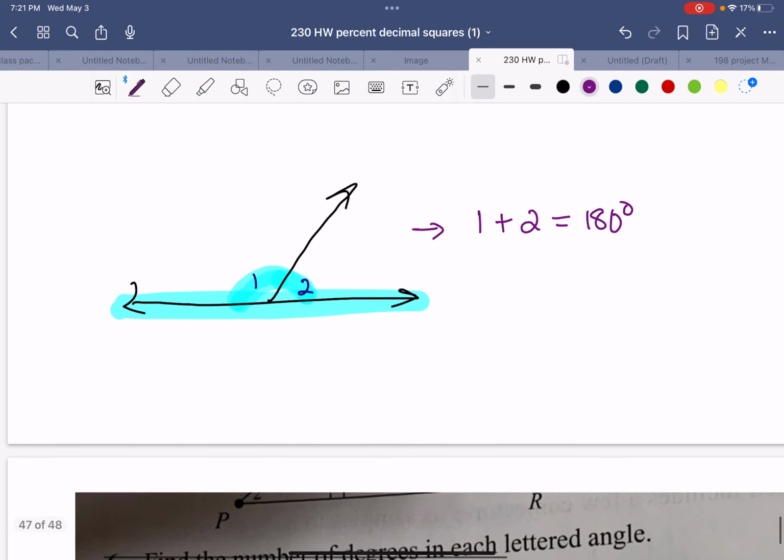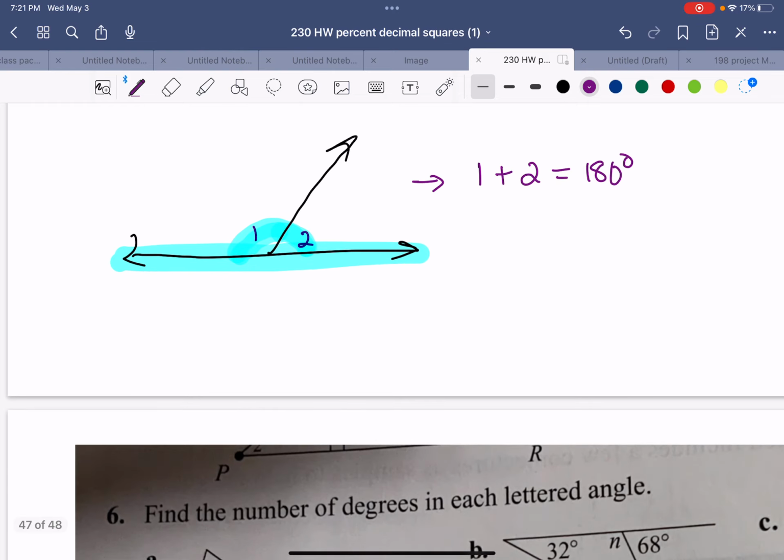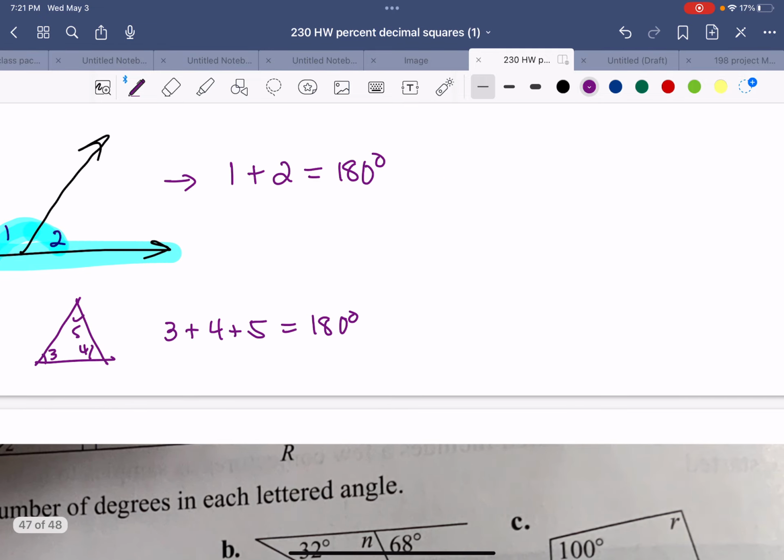The other thing that I can use is that the sum of the angles inside a triangle, so the three angles that make up my triangle, have to add to 180. So if I have any triangle, angle 3, angle 4, angle 5, those three angles, their measures, have to add to 180 degrees. Okay. And if I'm working with a quadrilateral, which I am in C, for a quadrilateral, my angles have to add not to 180, but to 360.